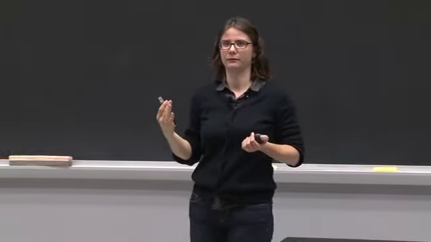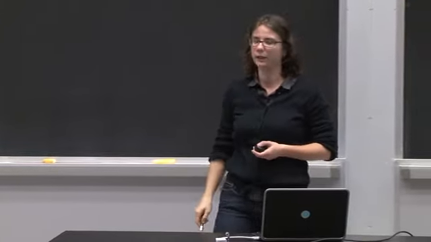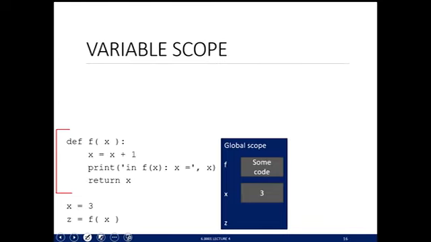To Python, it's just some code sitting in the global scope. So whenever you see def, you're just putting some code in there. Then you go on to the next line, x = 3. So in the global scope, you now also have a variable x that is 3.